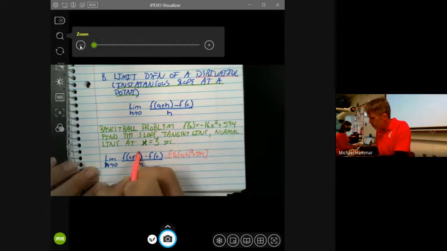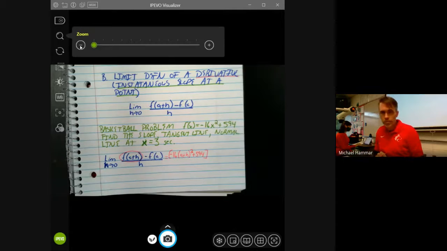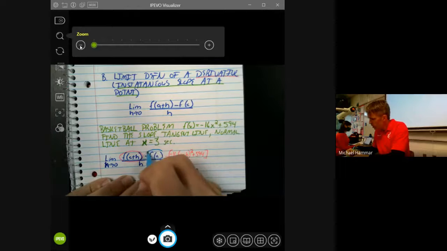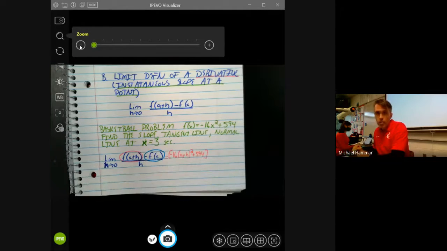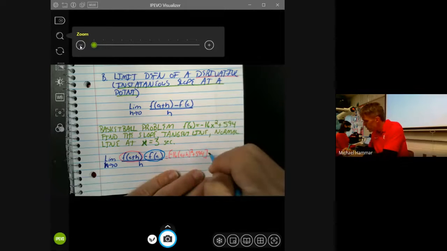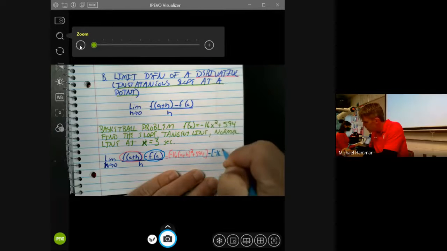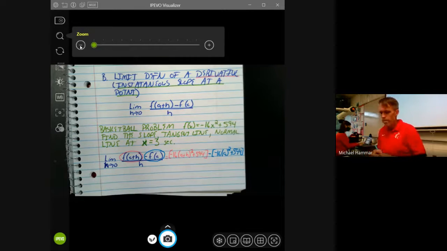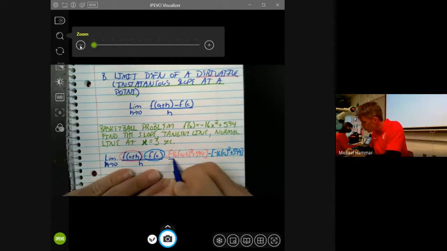That's this first part right here. Now, we do need to subtract also f of a. So remember, wherever there's an x now, I need to substitute an a in. So we're going to subtract, and then it's going to be negative 16 times a squared plus 594. Now remember, it's all over h.